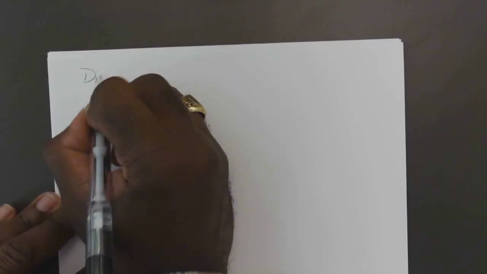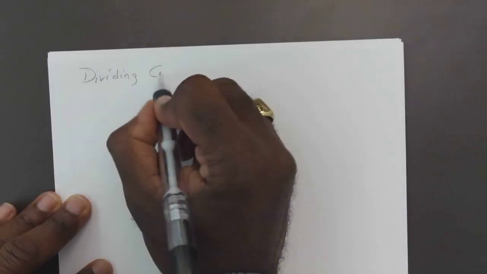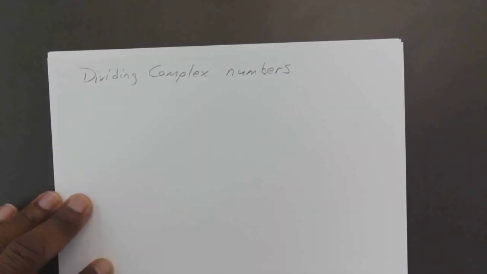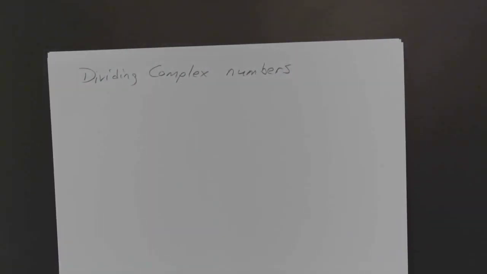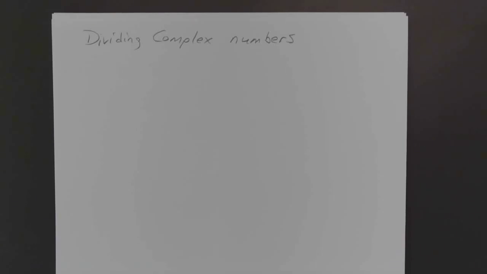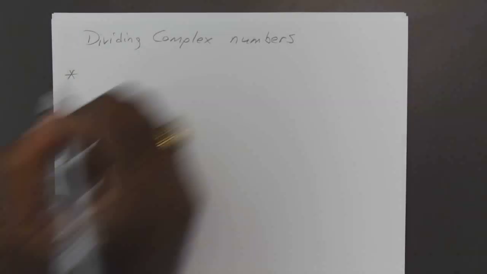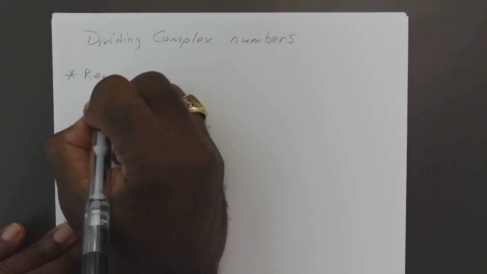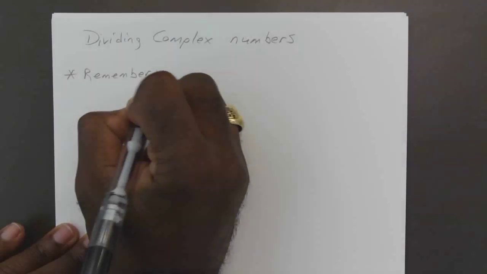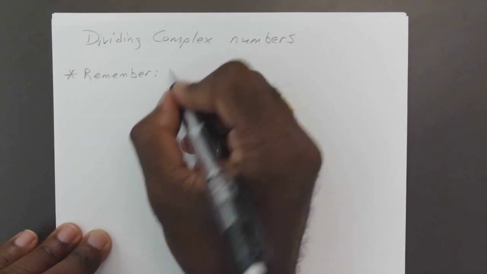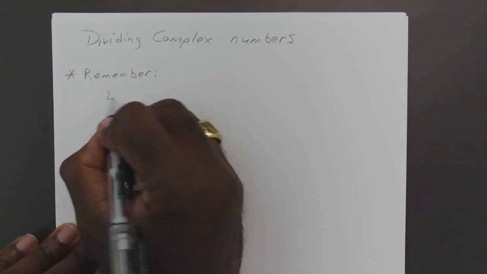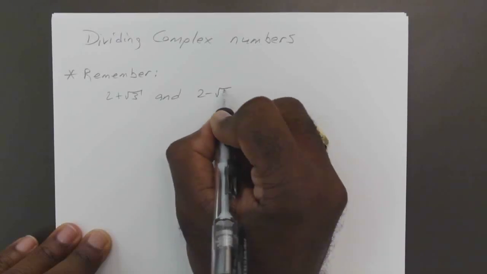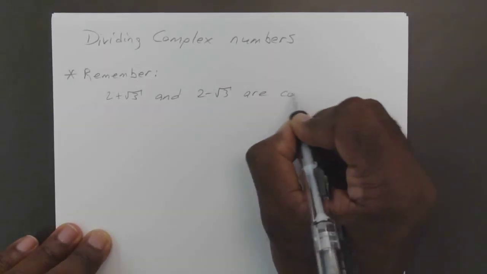Okay, so now we're going to go into dividing complex numbers. And in order to divide, we have to go back to the conjugates. So if you remember, let's say you have 2 plus square root of 3 and 2 minus square root of 3 are conjugates.